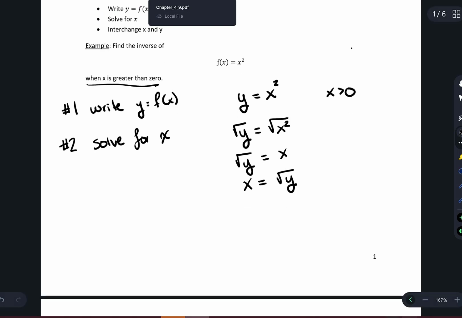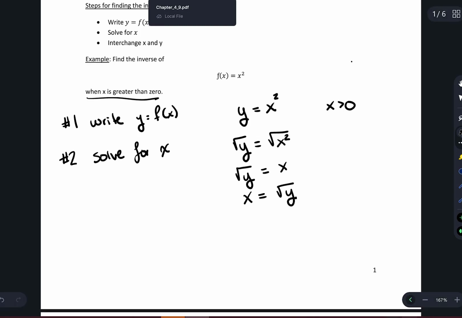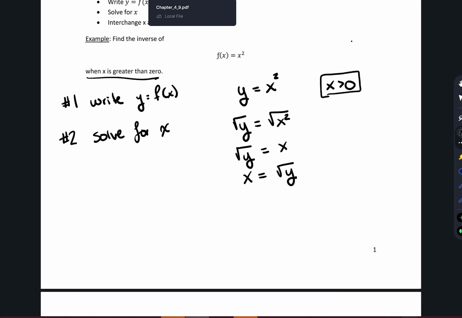Notice here we do not need the plus or minus in front like we did in the previous section. The reason for that is because we've restricted to x being greater than 0. If we didn't have that restriction, we would need a plus or minus sign out front. Next, we're going to interchange x and y.